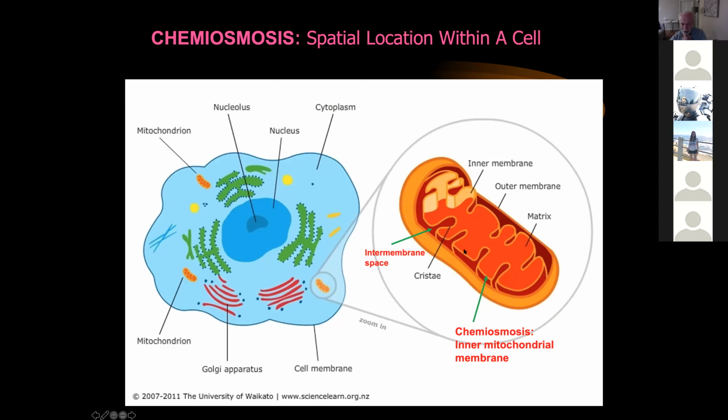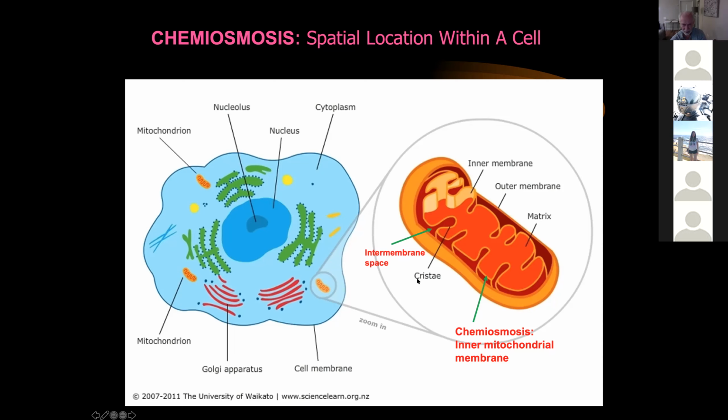So electron transport goes on within this inner mitochondrial membrane. And when electron transport occurs, it pumps protons into the matrix. And then when they're passed out into the intermembrane space, that's where chemiosmosis occurs and ATP is generated.